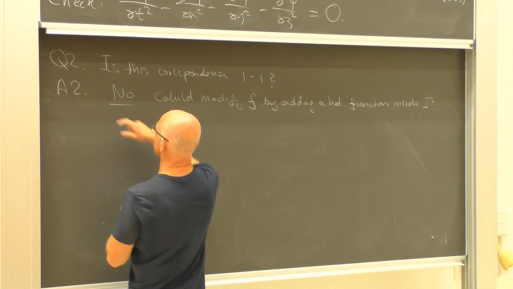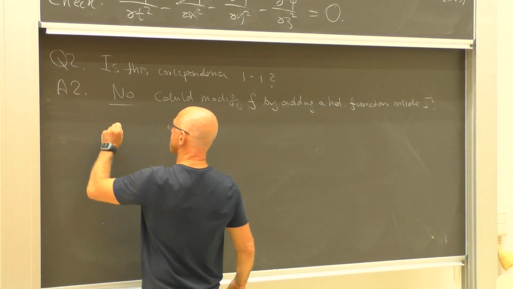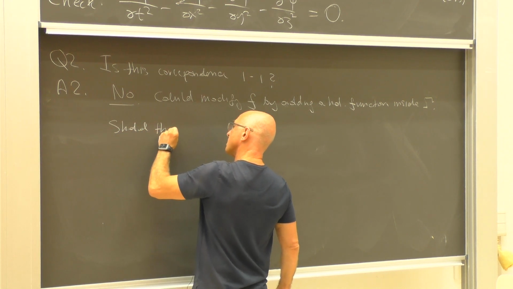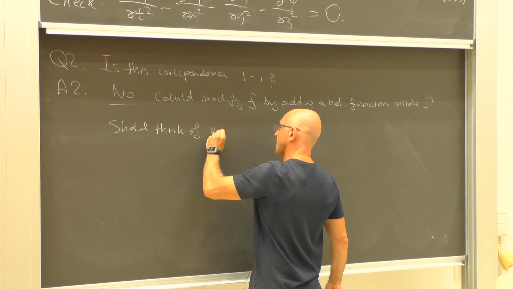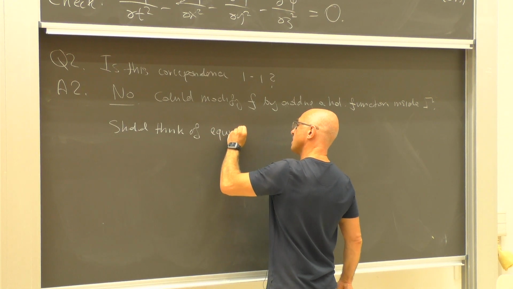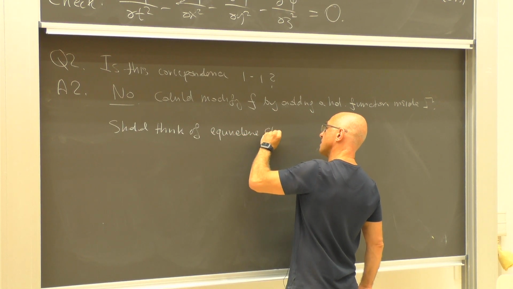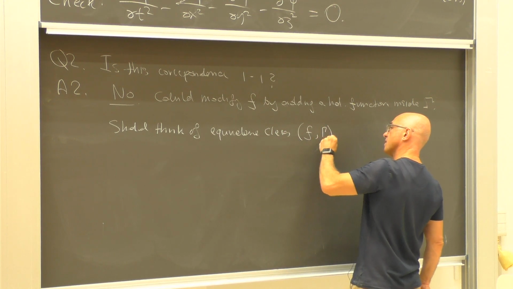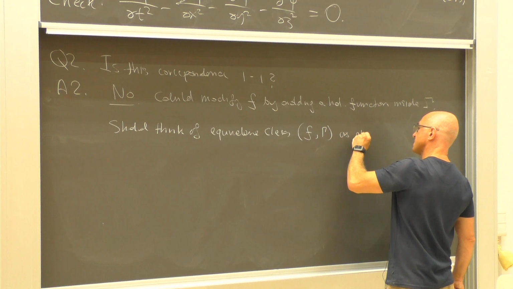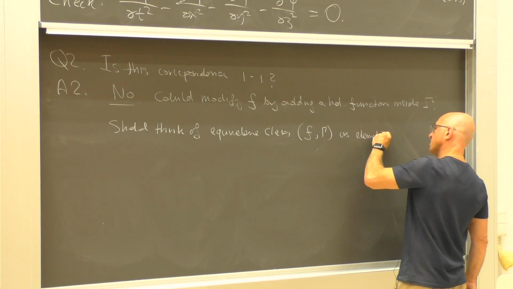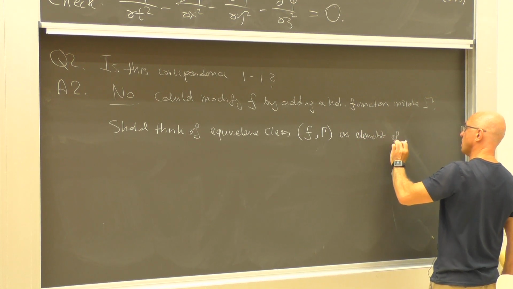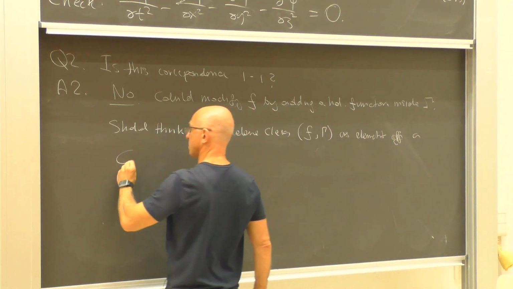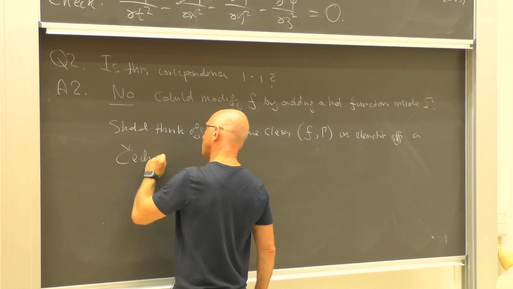So just to continue on this answer, you should think of equivalence classes as elements of a Čech cohomology.